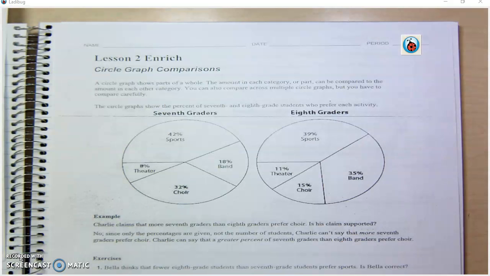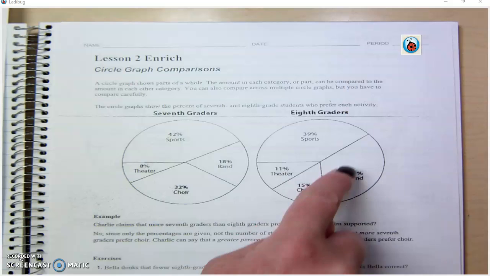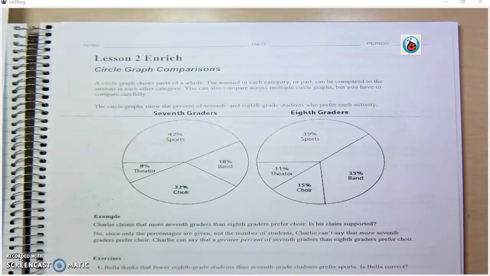When you are comparing two charts, you are paying attention to the value of each chart in actual numbers. We know that they're always going to add up to 100%. But what's happening here is that each circle graph will represent a different quantity of those items.